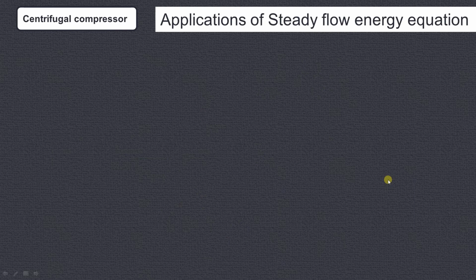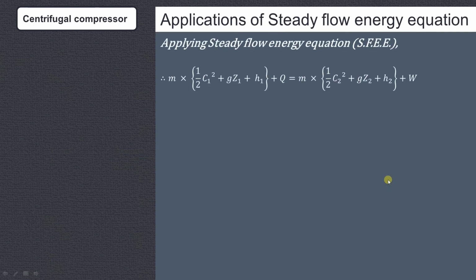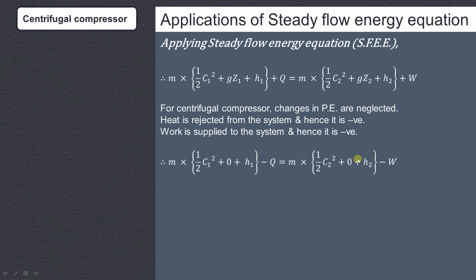Applying the steady flow energy equation over here, changes in potential energy are negligible. Heat is rejected from the system, hence it is negative. Work is supplied to the system and hence it is negative. So in place of plus Q, we now have minus Q, and in place of W, we have minus W. Then potential energy, that is m g z1 and m g z2, is negligible, so those are 0.